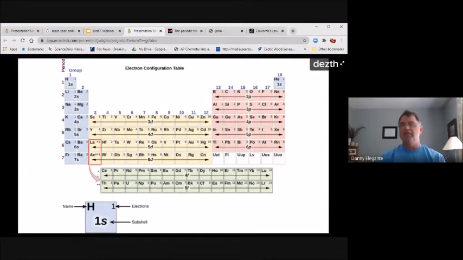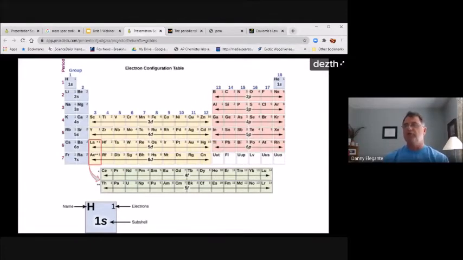The S section is over there on the left-hand side, and it's kind of blue, and it holds 2 electrons. The P section is over there in pink, and it is 6 elements wide and holds 6 electrons. Remember, each orbital holds 2 electrons, and that means the P sublevel would have 3 orbitals.